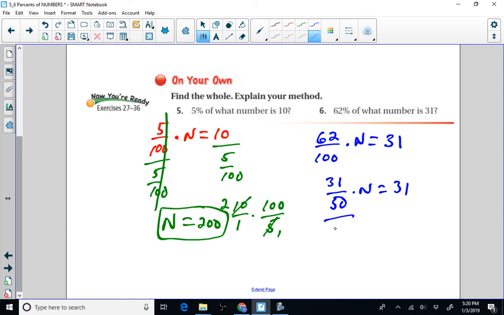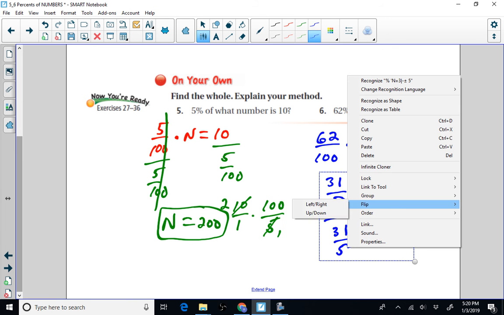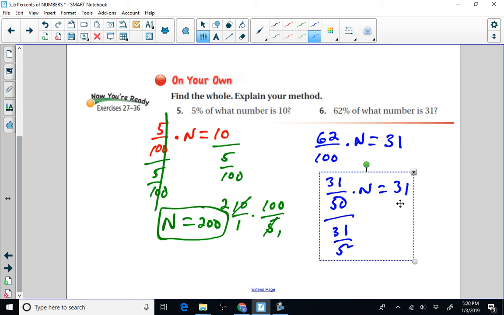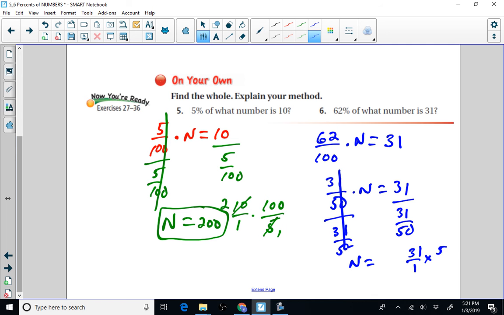To get n by itself, I'd have to divide both sides by 31 over 50. They cancel each other out. That's going to be 1n. 1n is going to be equal to 31 over 1 times 50 over 31. You divide out 31, that becomes 1 and 1.